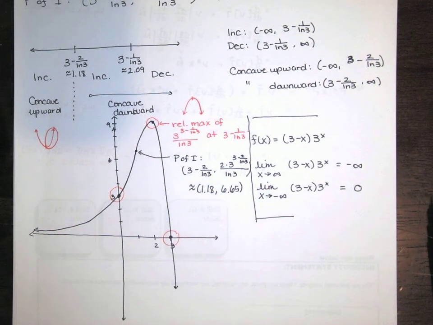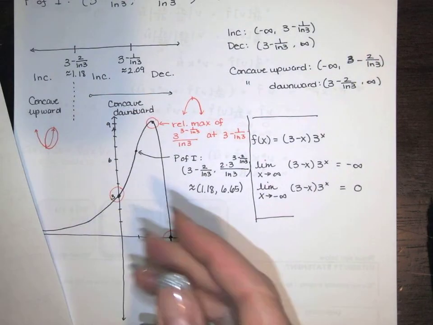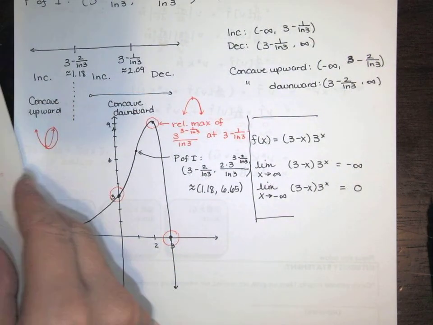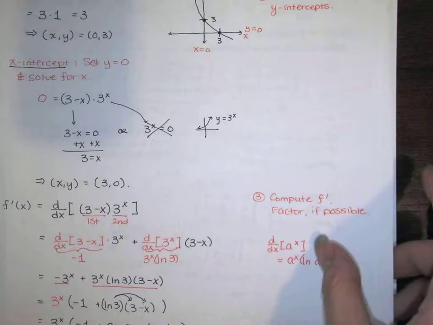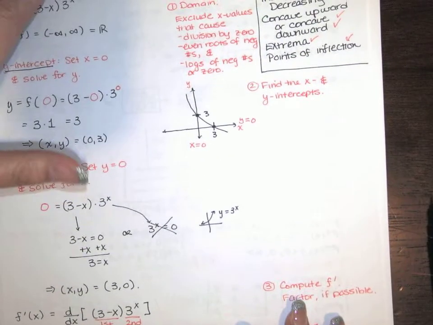So we don't need a graphing calculator, we could just do this. You know all about this function because we know derivatives, and we know how to find domain, and we understand intercepts.